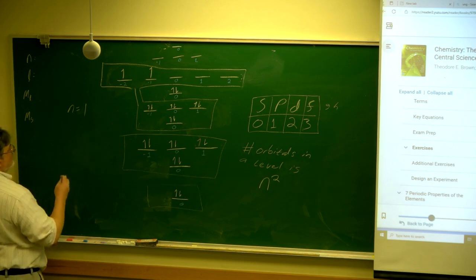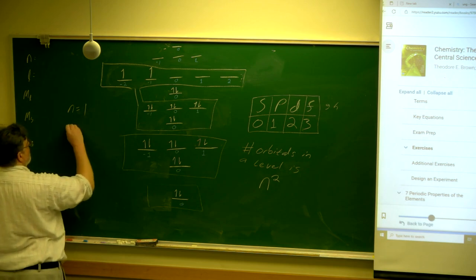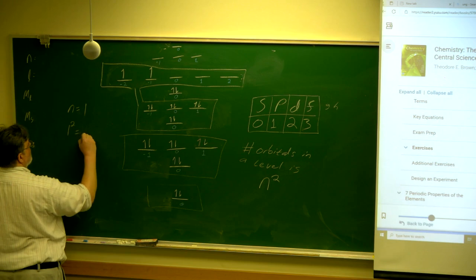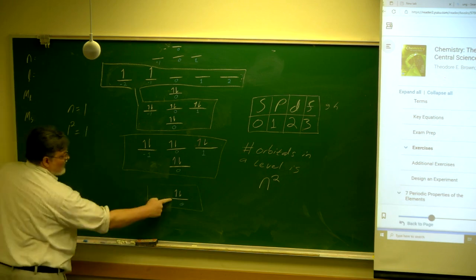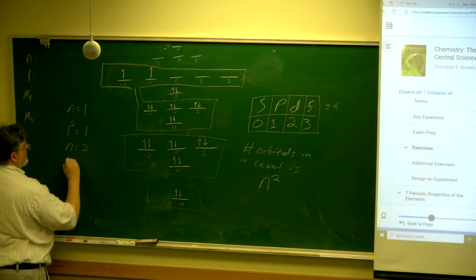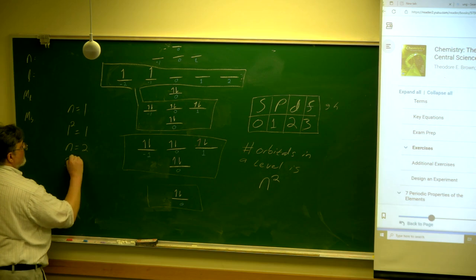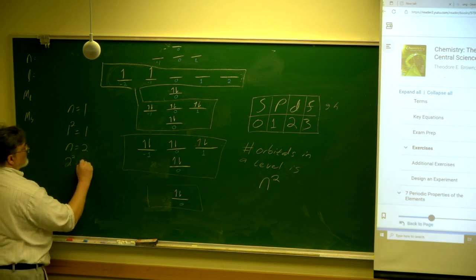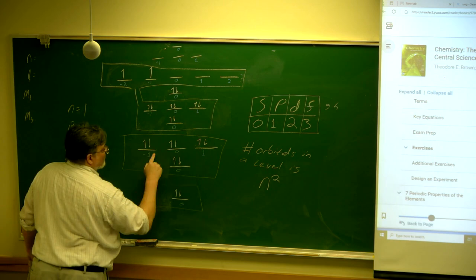Yeah. So 1 squared, there's only one orbital. If n equals 2, then n squared is 2 squared, which is 4: 1, 2, 3, 4.